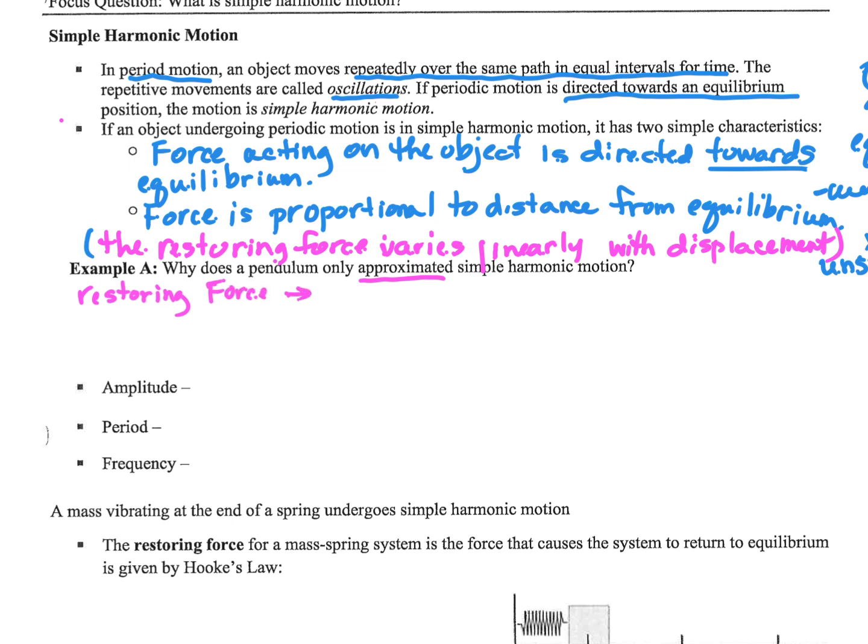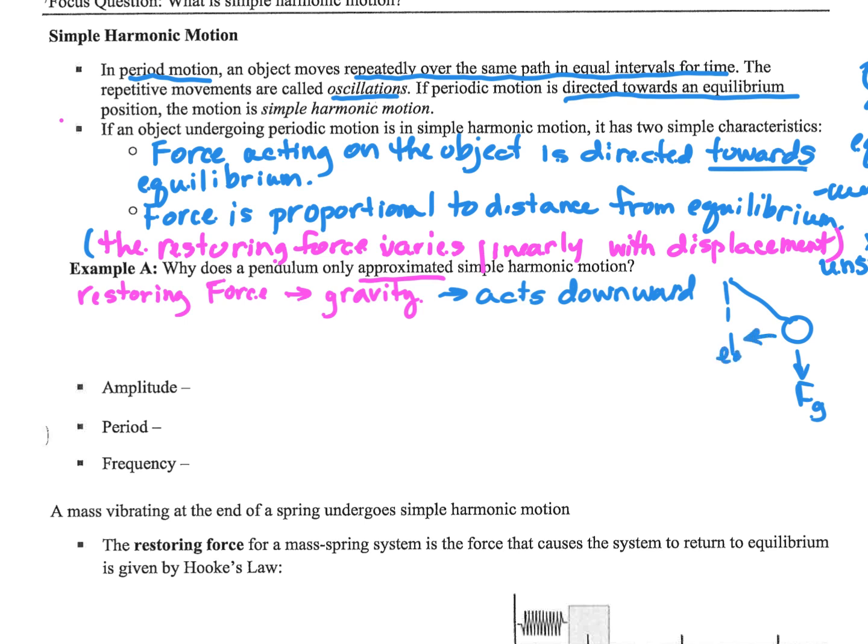Now, unfortunately, gravity acts downward, not towards equilibrium, technically. So if we've got a pendulum, the force of gravity is acting this way, but equilibrium is this way. So it's not exactly opposite, is it?